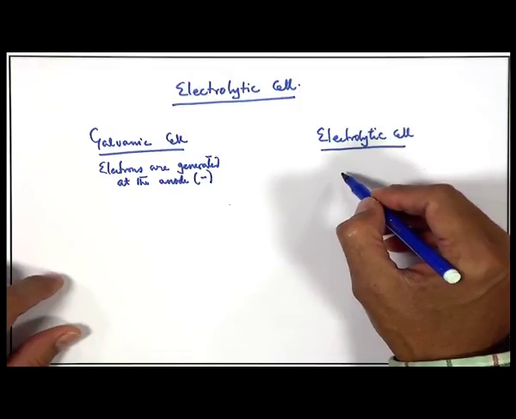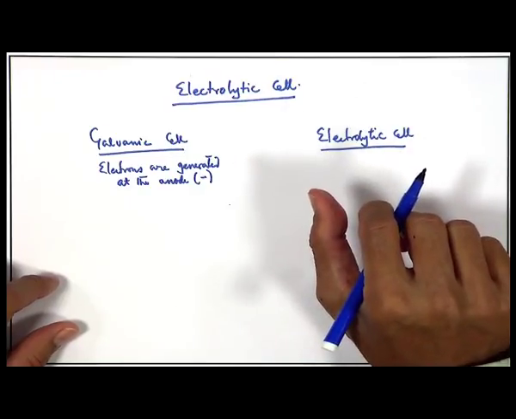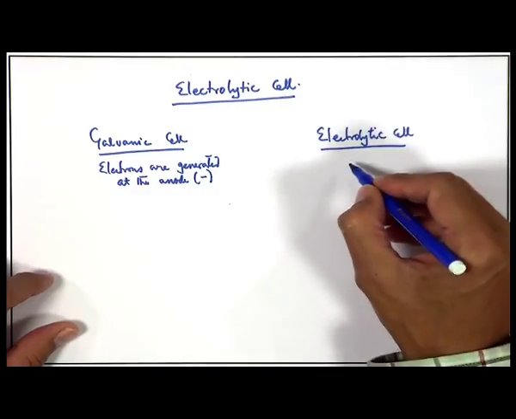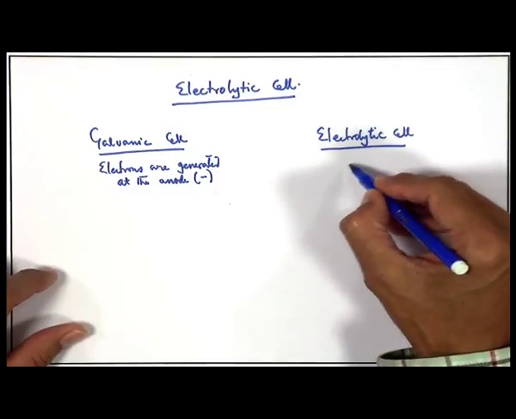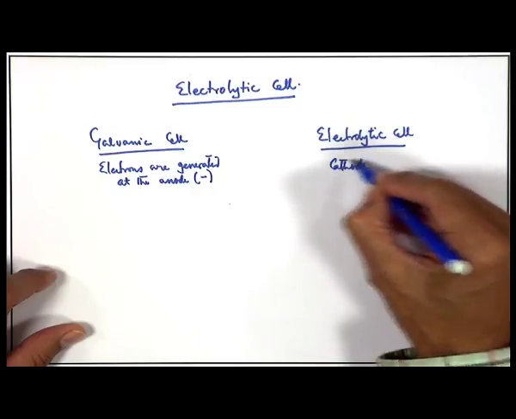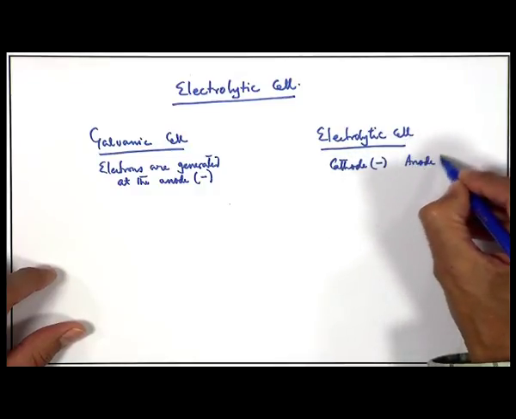And in an electrolytic cell, electrons come from an external power source. That is why I was saying that you supply an external current such that the cell is reverse biased. Electrons are supplied to the cathode and removed from the anode. In this case the cathode is minus and the anode is plus.